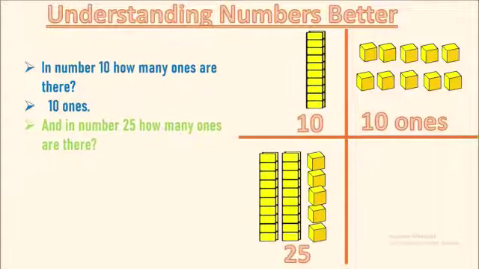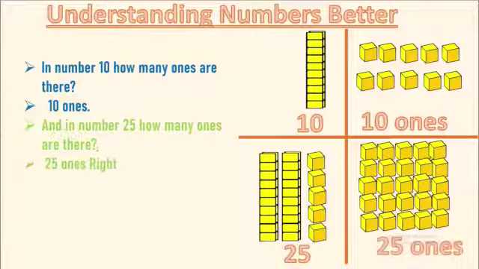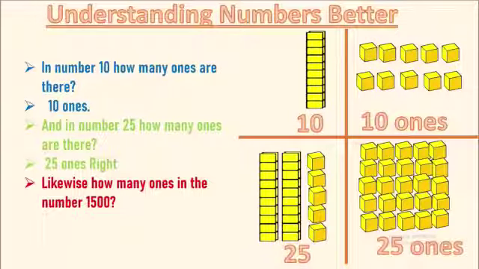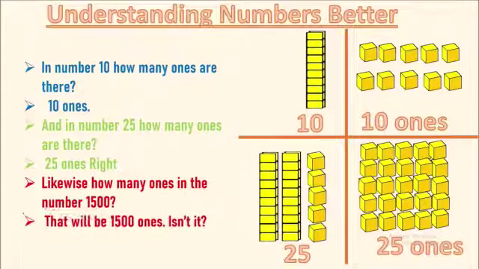Yes, there are 25 ones in number 25. Likewise, how many ones are there in number 1500? That will be 1500 ones, isn't it? Whatever the number is, that many ones will be there in the number.